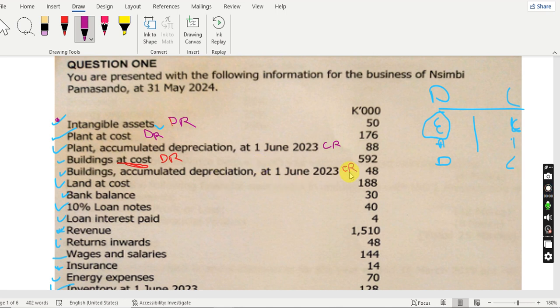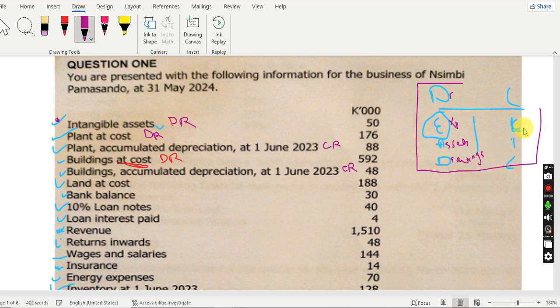So credit side, because it's a contra asset. For those who have joined, we're just doing this question here. Draw this diagram here if you don't have it. On the debit side, you put expenses, assets, drawings, stroke dividends.